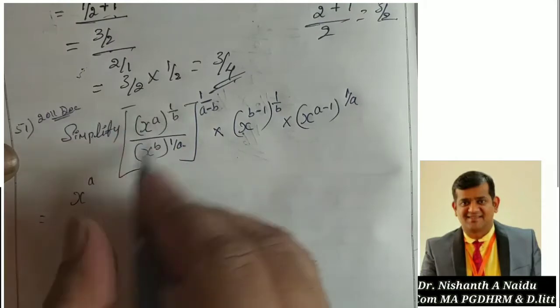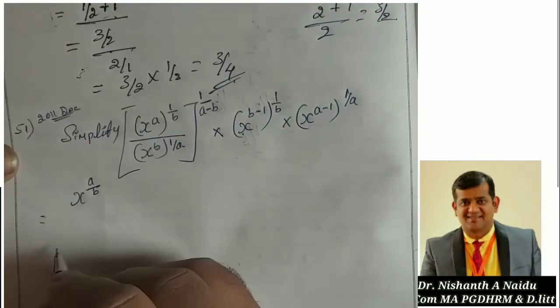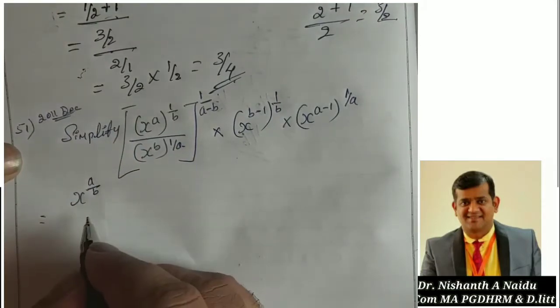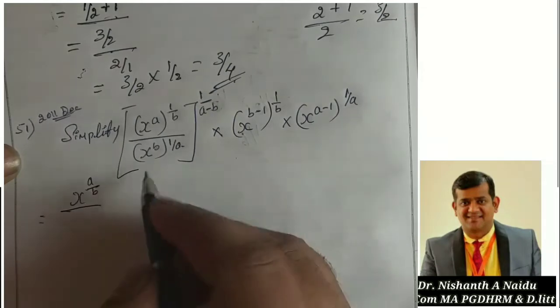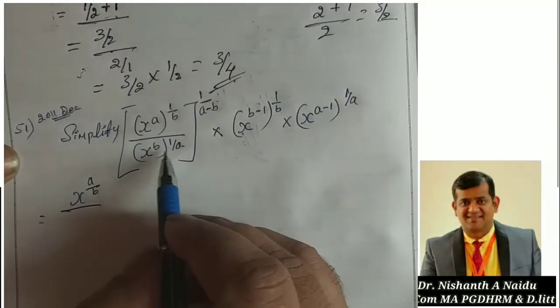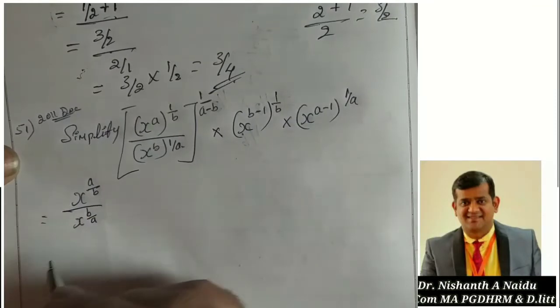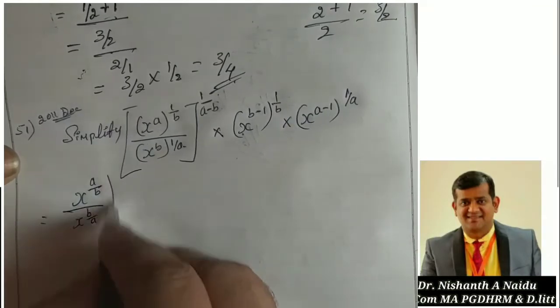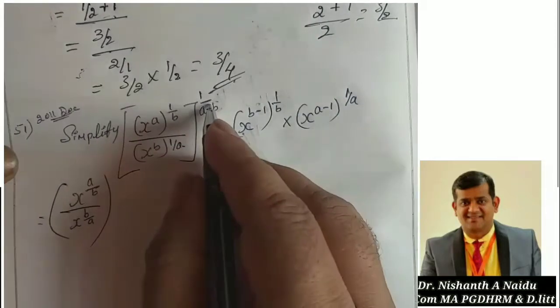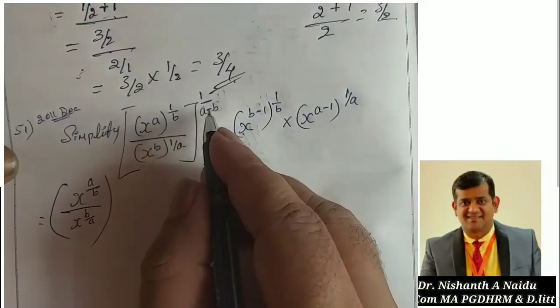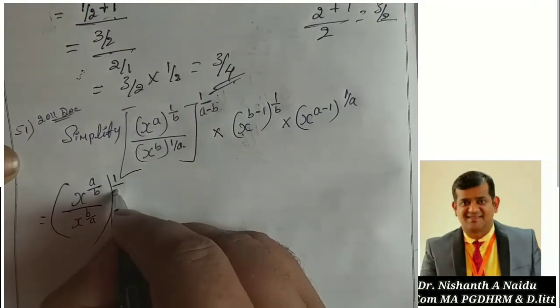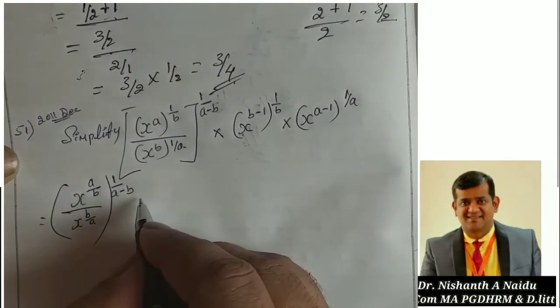A 1's a divided by b. In the same way, b 1's b divided by a, x to the power of b divided by a, the whole power 1 divided by a minus b.